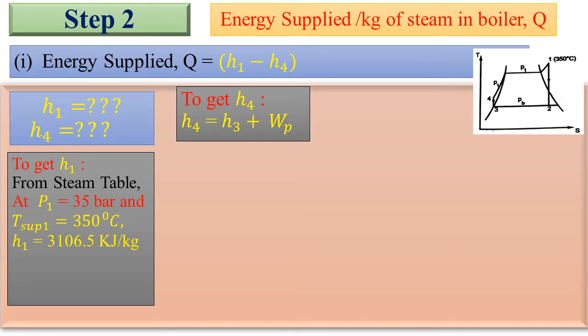So if we need to find out enthalpy at point 4, we have to refer to process 3 to 4.